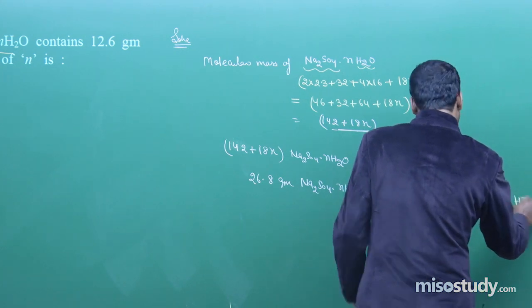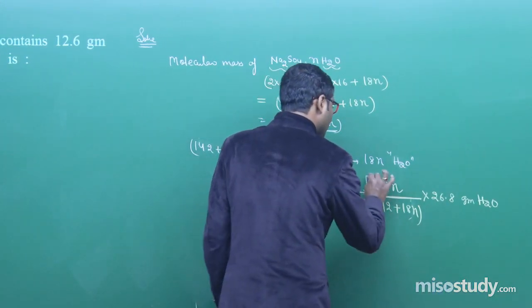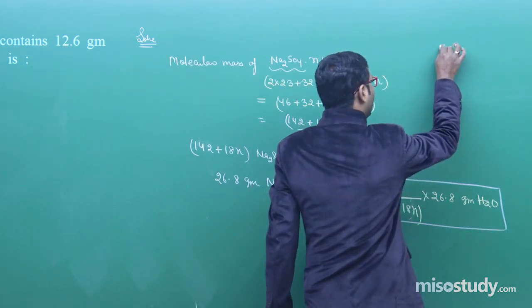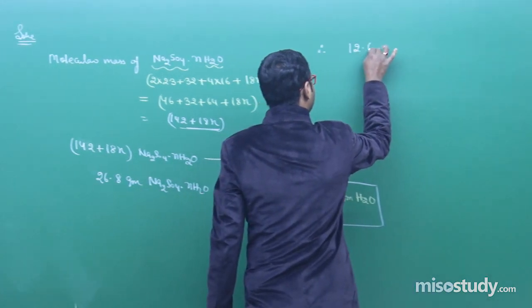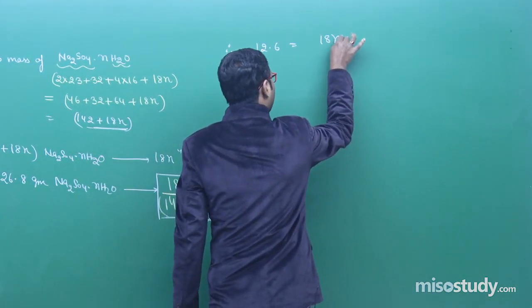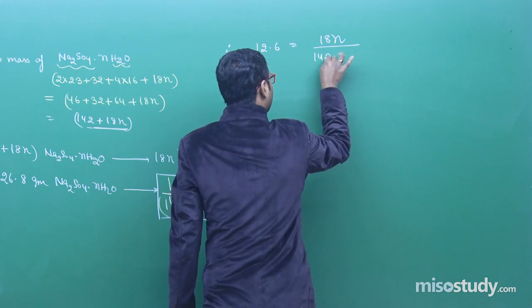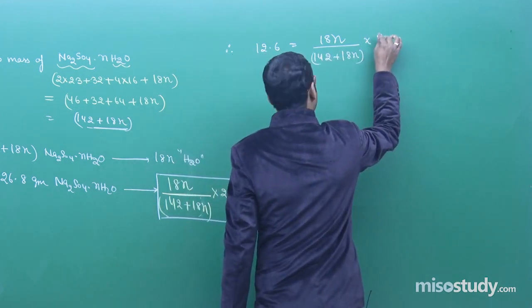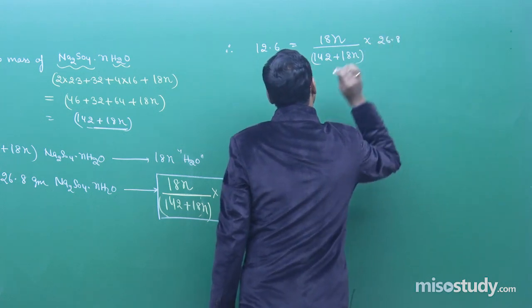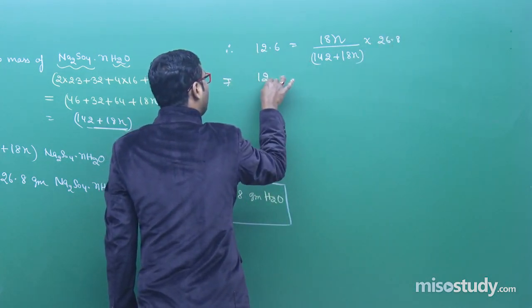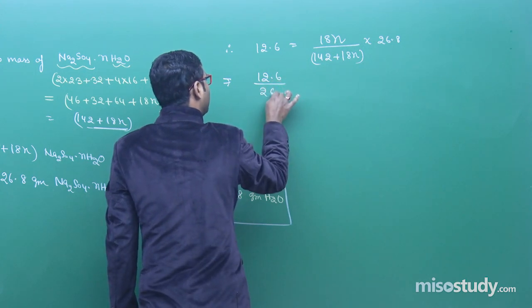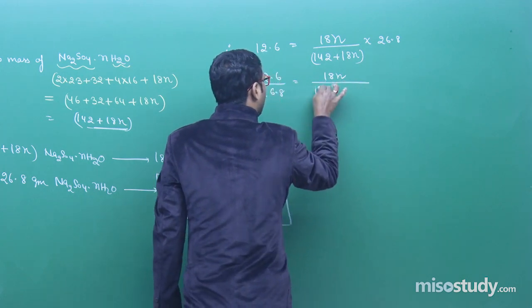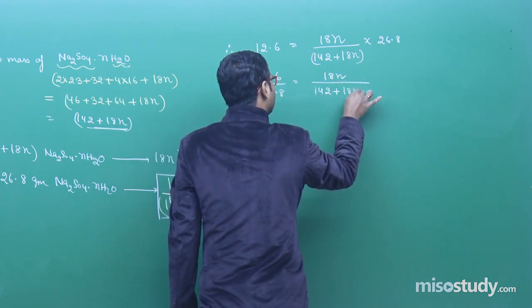Clear? Yes. And according to the question it is given that it is 12.6. Therefore, we can write 12.6 is equal to 18N divided by 142 plus 18N multiplied by 26.8. So 12.6 divided by 26.8 equals 18N upon 142 plus 18N.